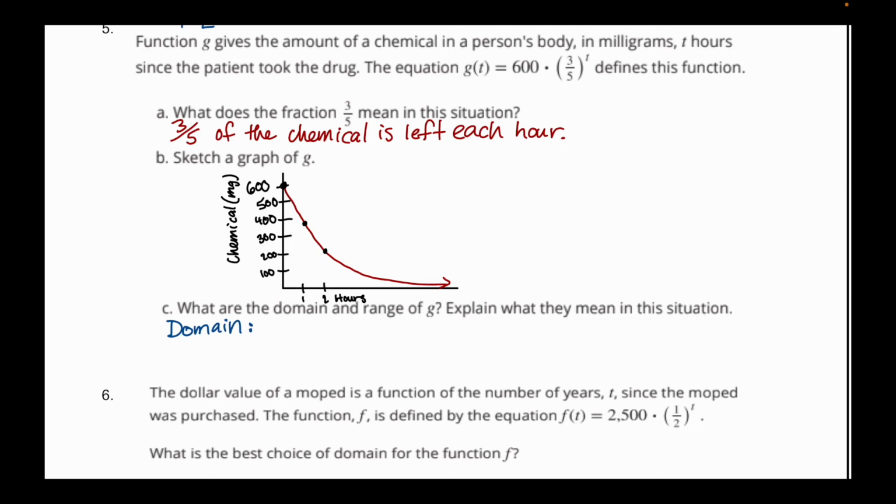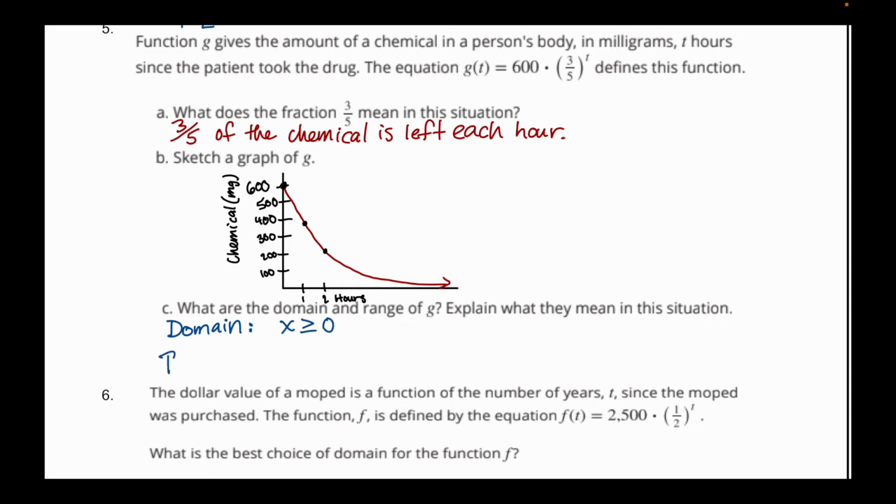So I could say that it's where x is greater than or equal to 0, because I'm just going to have x values, or horizontal axis values, bigger than 0. And it is allowed to be fractions, it's allowed to be partial numbers. That's fine too, because we're measuring time.